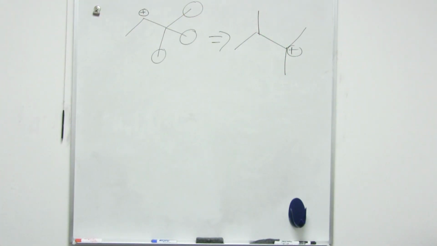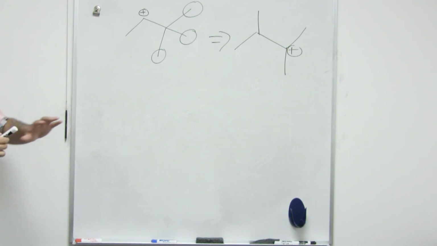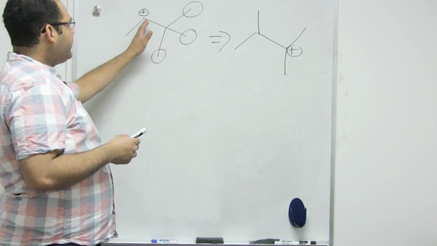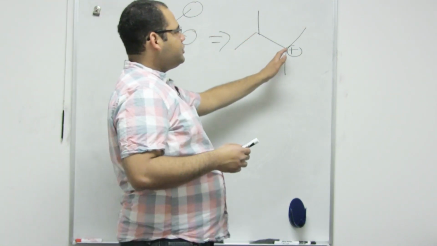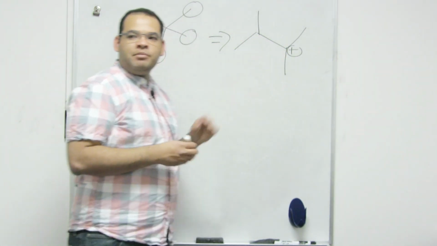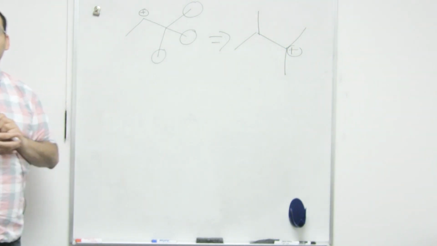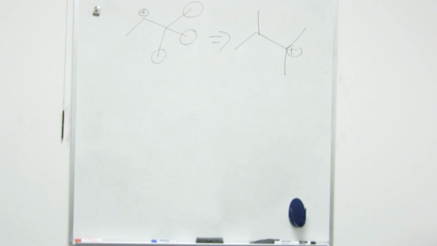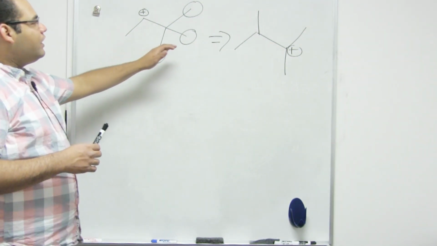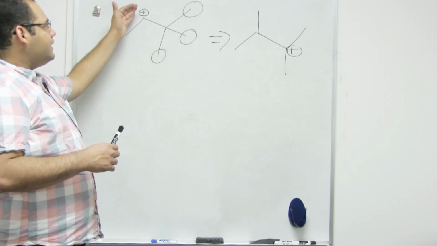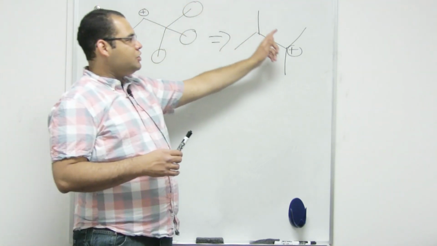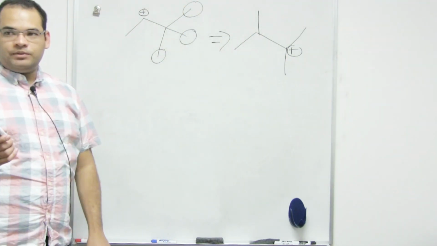And why can it shift over? Because this is a secondary carbocation, and this here is a tertiary carbocation. Remember, tertiary carbocations are more stable. So I'm looking for more stability in my molecule, and I could have one of these methyls shift into this carbon, making the more stable tertiary carbocation.